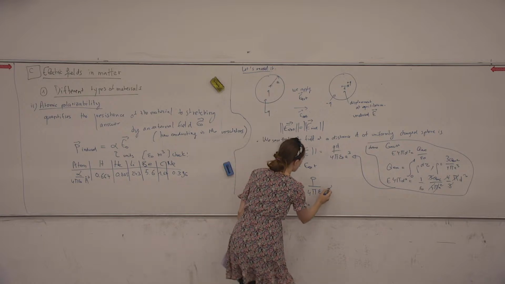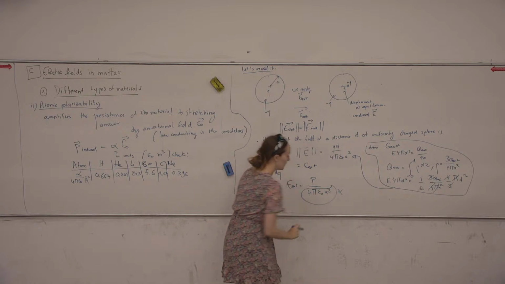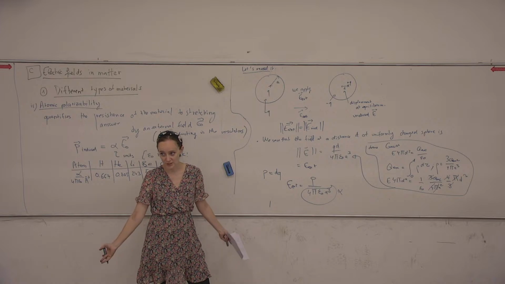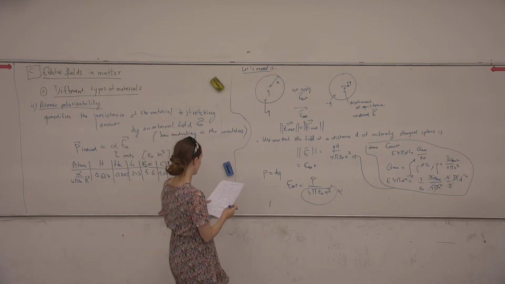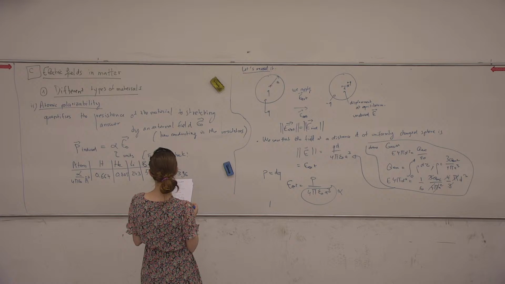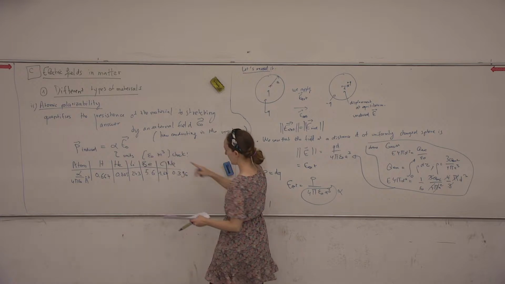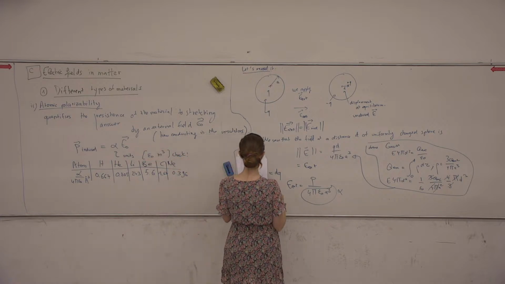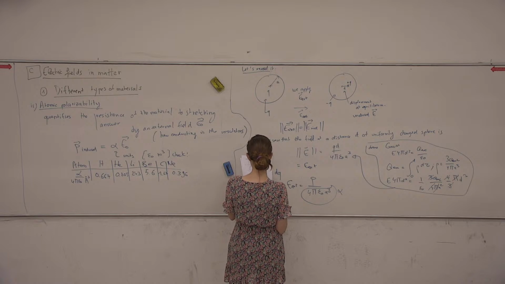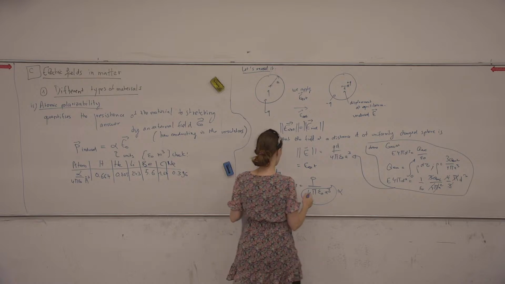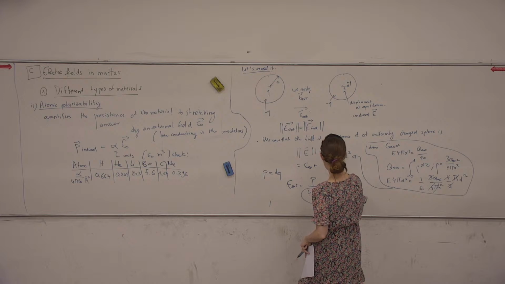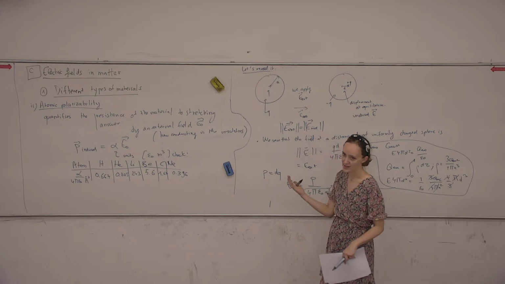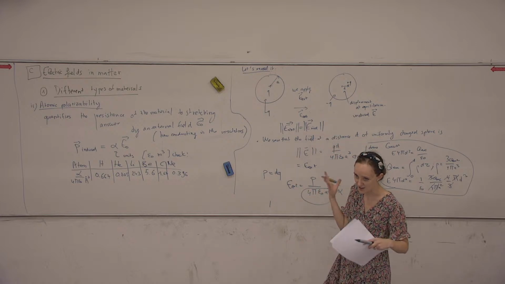So this is the polarizability, right? You agree? By definition, this is alpha. And you remember I told you that alpha is defined by the structure of the atom.